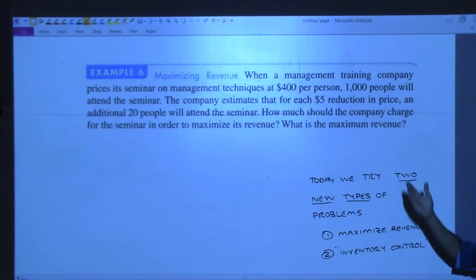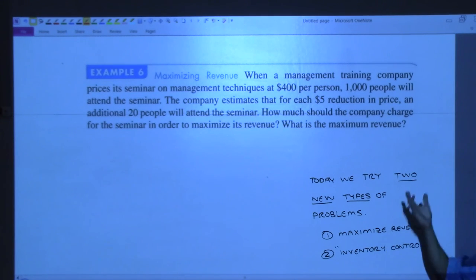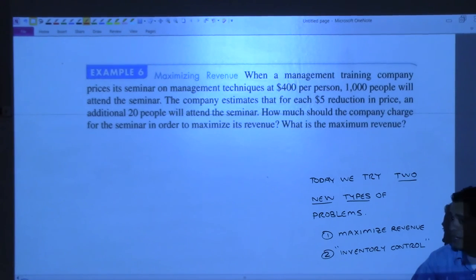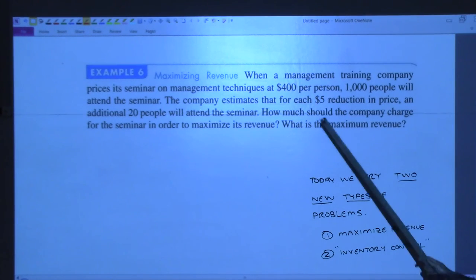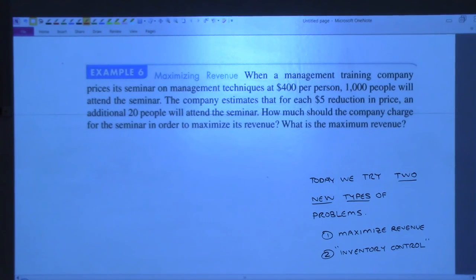Of course, if that price is increased, then fewer people are probably going to go. Or if it's decreased to like 20 bucks a person, it's going to be standing room only, right? So there's always some relationship between how much it costs to get in and how many people will attend. So $400 a person, 1,000 people will attend. That's what they've determined.